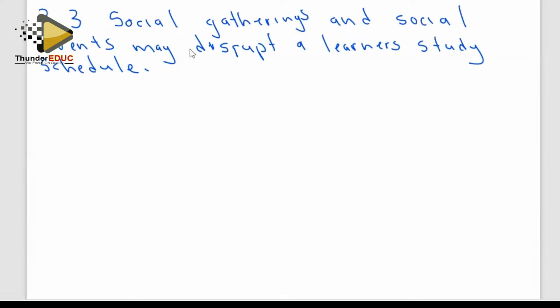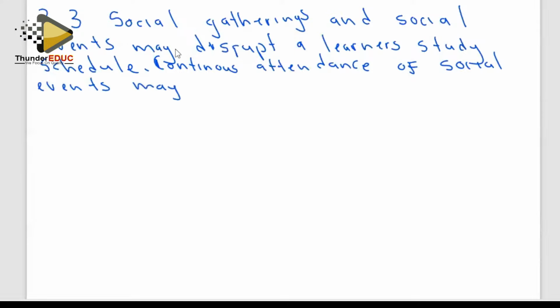So continuous attendance of social events may result in loss of study time, whereby someone continuously attends social gatherings.